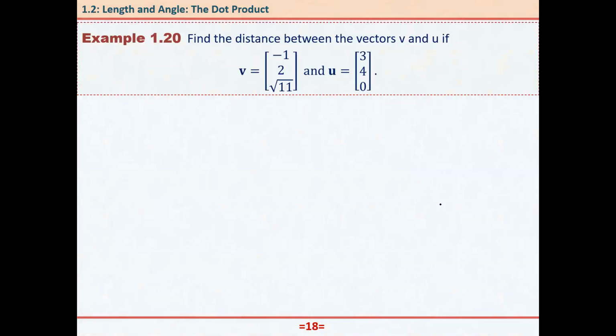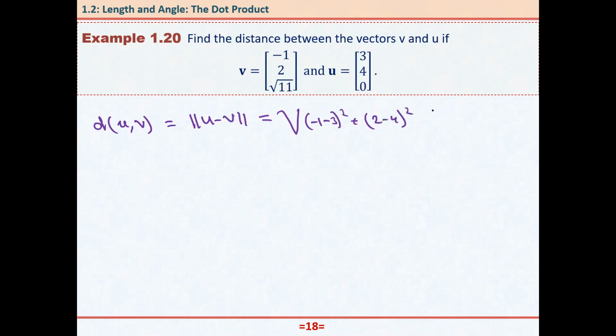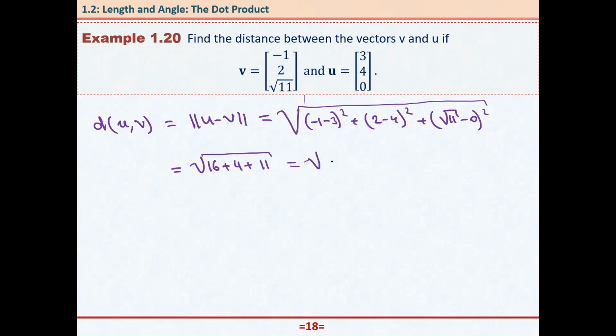Immediately, let's see one example for this. Find the distance between the vectors v and u. The distance between u and v is equal to the norm of u minus v, which is the square root of (-1 minus 3) squared plus (2 minus 4) squared plus (-11 minus 0) squared. -1 minus 3 is -4, squared is 16, plus 2 minus 4 is -2, squared is 4, plus -11 minus 0 squared is 121. That gives the square root of 141.